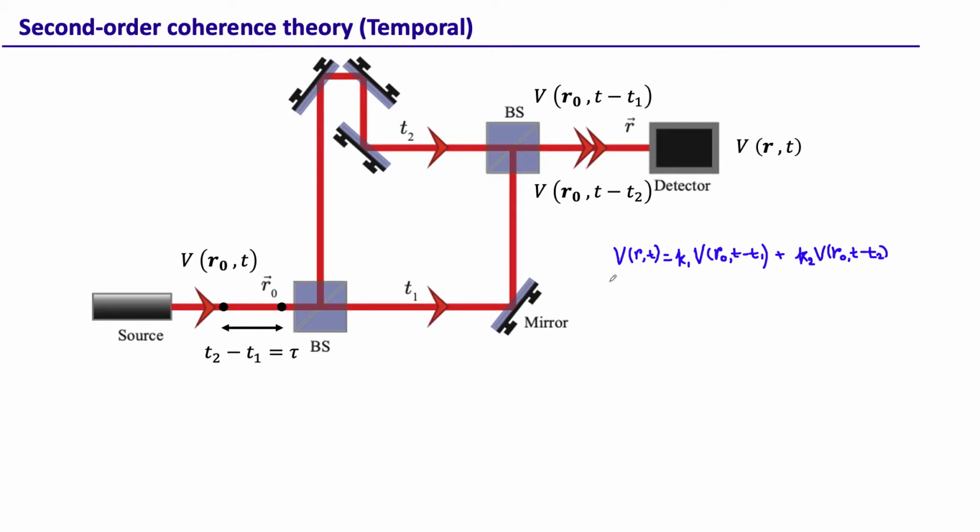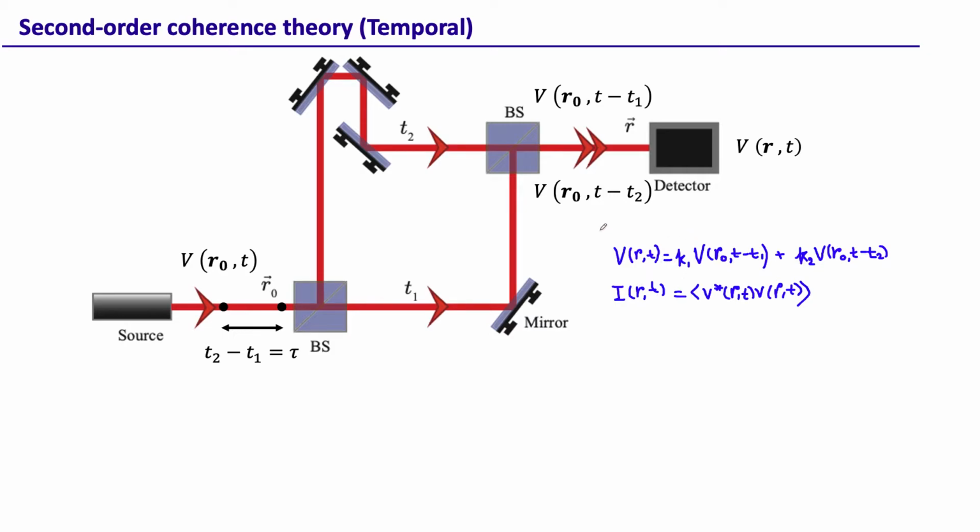Okay. So now the intensity at the detector is I(R, t), and that is, as we had defined earlier, the ensemble average of V star(R, t) times V(R, t).